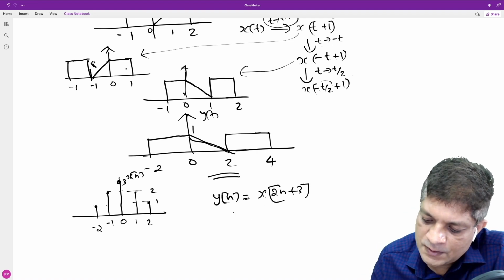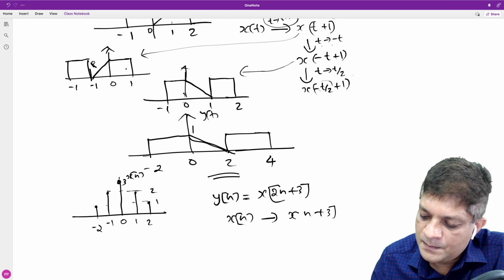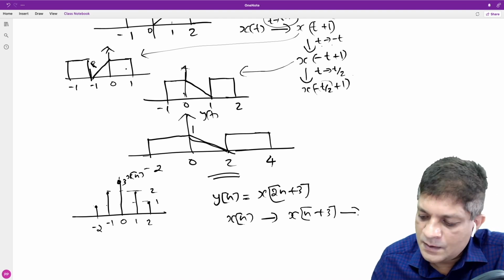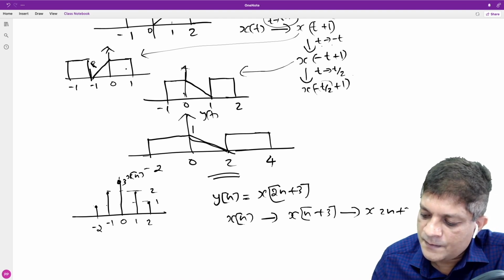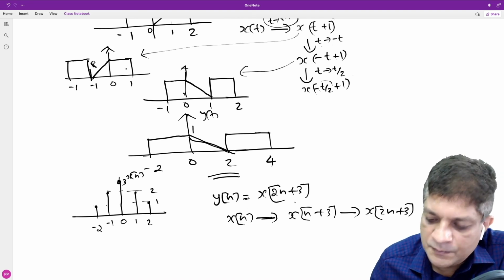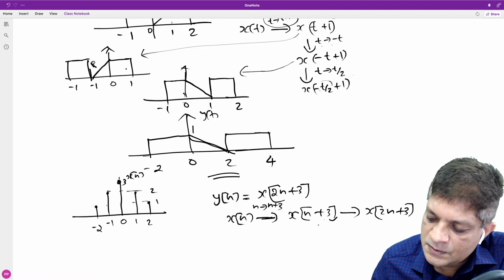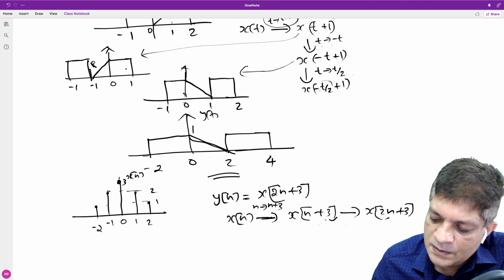If we start with x[n] and first do n+3, we then get x[2n+3]. Here we are shifting the signal, replacing n with n+3, and then time scaling.